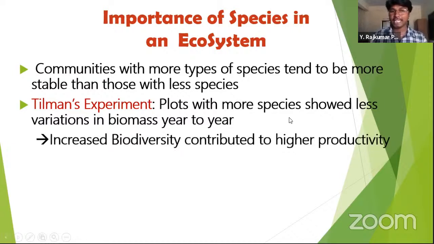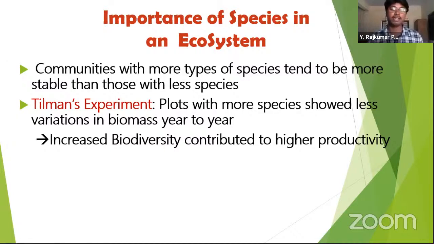And increased biodiversity contributed to higher productivity, isn't it? If there are more species, more varieties in an ecosystem, then what happens? Their productivity will also be very high. If the productivity is high, the consumers who depend on these producers will also be more.